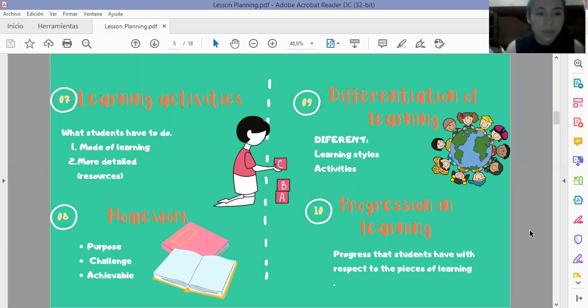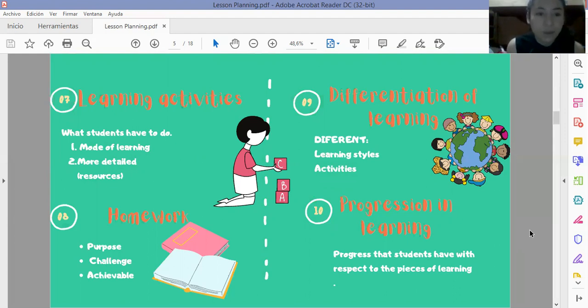The seventh element is learning activities. In this case, there is a question that has to be answered in two ways. The first one is the mode of learning, and the second one is the more detailed response, in which we can include resources.